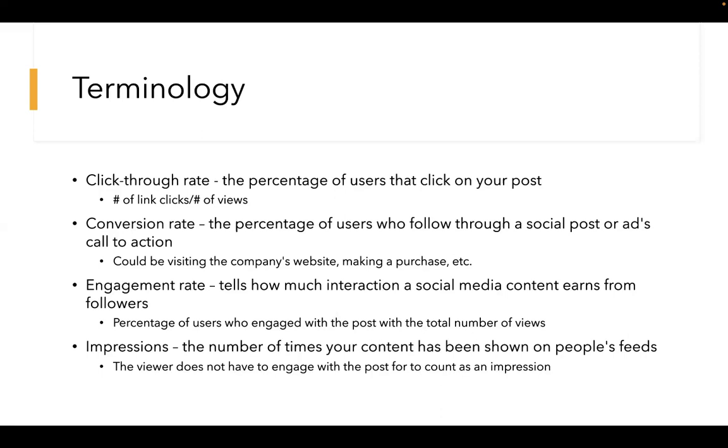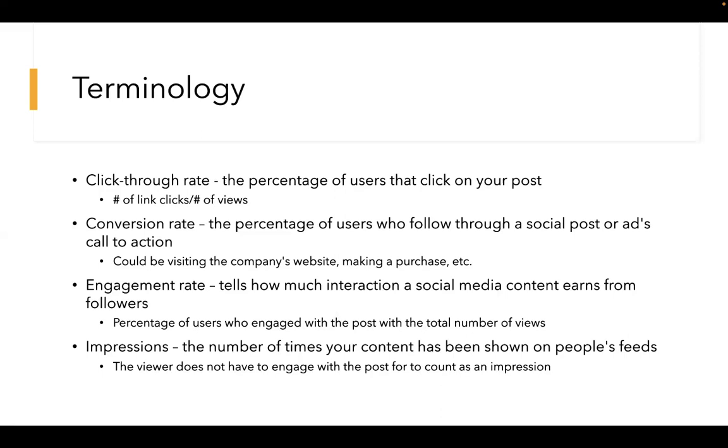And the next one is the engagement rate. This one is probably one of the most important rates or metrics that you want to have. This tells how much interaction a piece of social media content earns from followers. It's the percentage of users who engage with the post out of the total number of views.